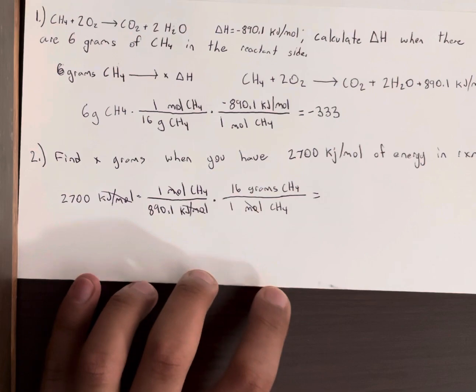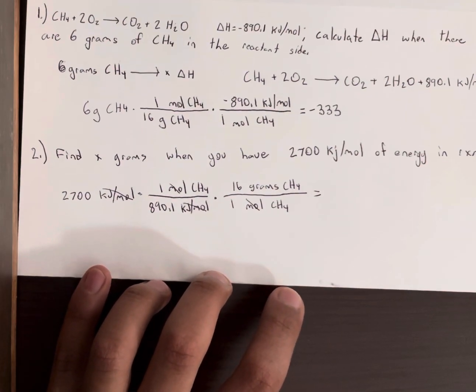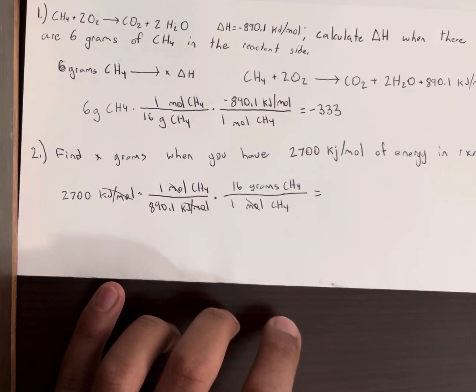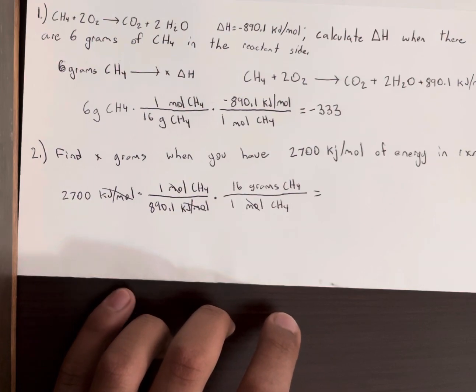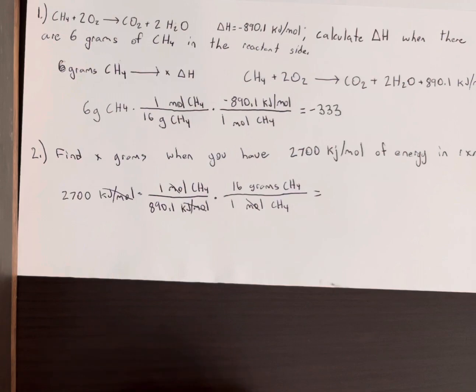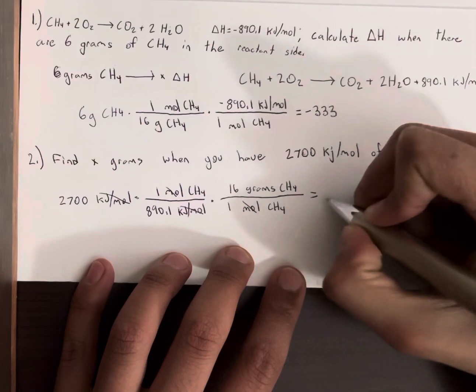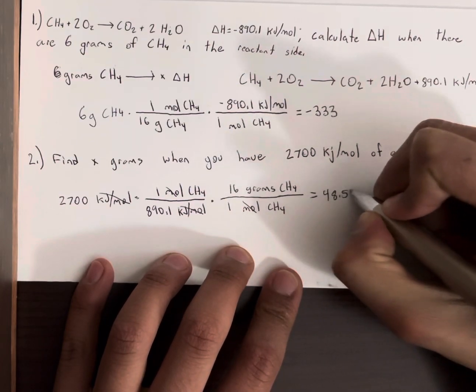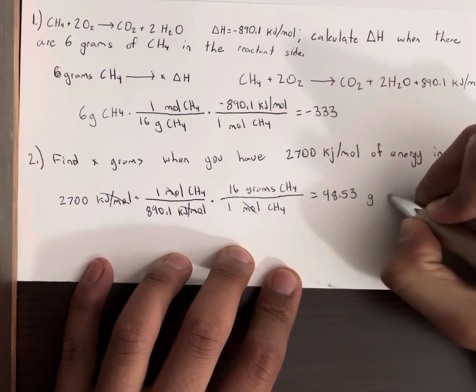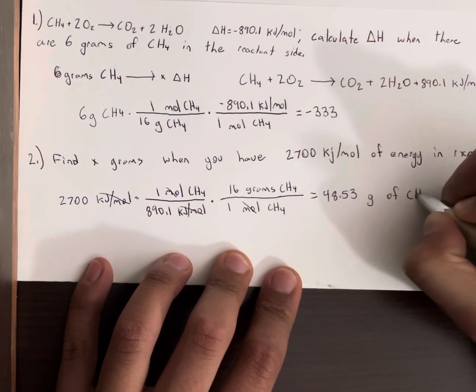It'll be 2,700 divided by 890.1 equals 3.03 times 16 equals 48.53. So this would be 48.53 grams of CH4.